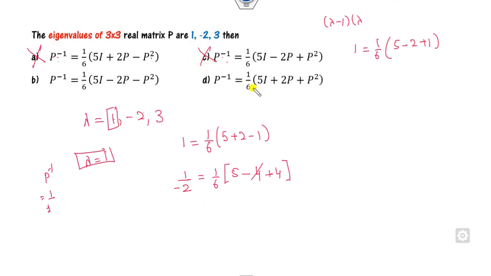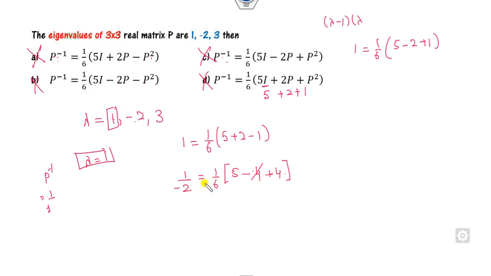This option cancels out. Look at this one: 5, 2, 1, not satisfied. 5 minus 2 minus 1, again not satisfied. So I have to check this value again. I think I made a mistake. So when it is minus 2, 4, 4, 5 by 6.